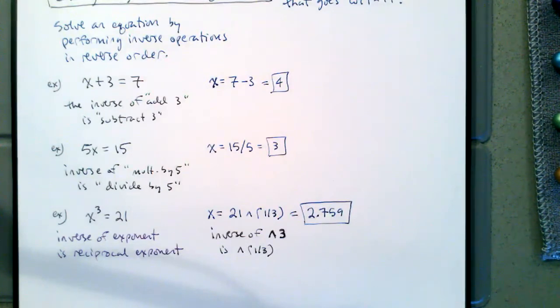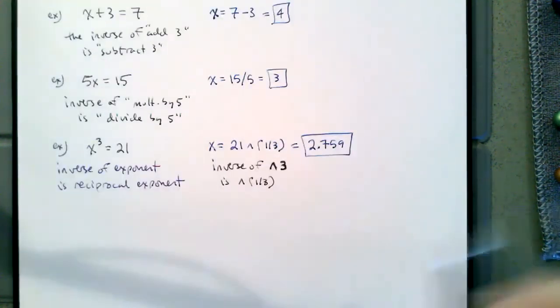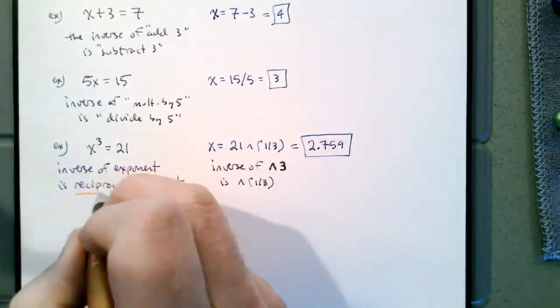Now we have to start getting into the weirdness of what's going on here. Some of you might be thinking, wait a second, I thought the inverse of a cube was a cube root. And I said, that's exactly what I said. It's a reciprocal exponent.